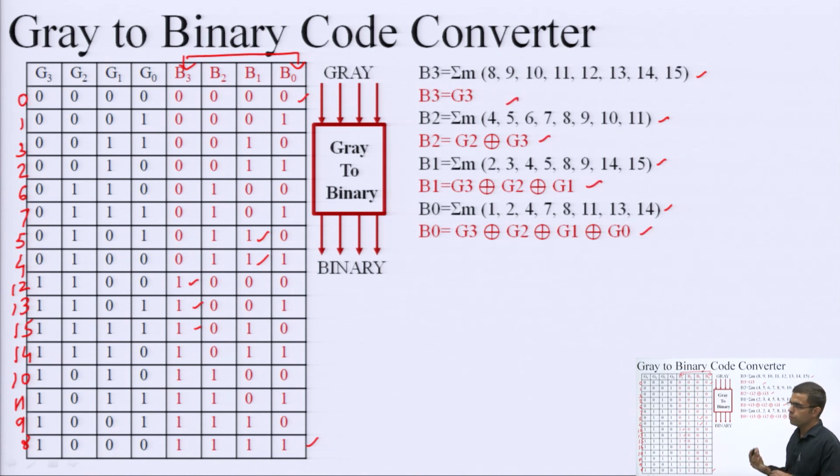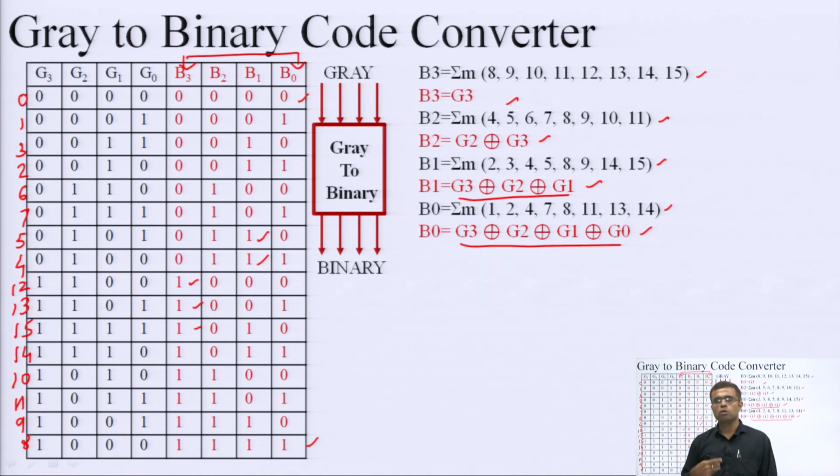Although when you prepare this in the form of K maps, you will get the values for B3 and B2 directly from the K map, the arrangement G3 XOR G2 XOR G1, and similarly the XOR of all 4 inputs, will not be directly or explicitly visible from the K maps. We need a bit of rearrangement of those K map expressions by applying some Boolean laws, then these expressions will be available to us and they can be converted into a circuit quite easily after that.